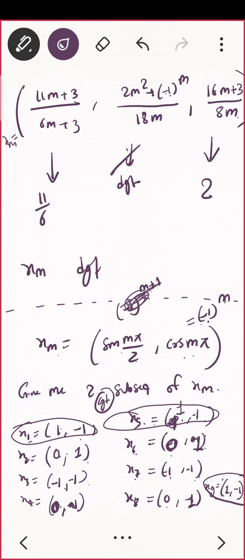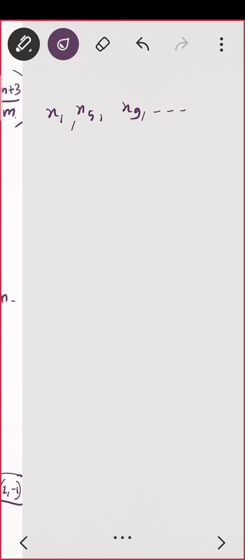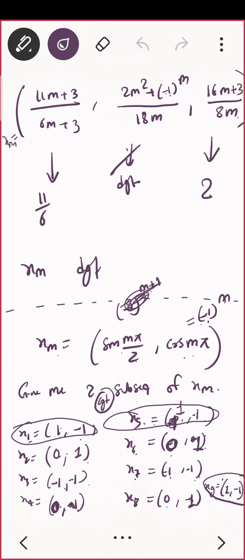Okay, so can you give me a subsequence? Your subsequence terms start from x1, x5, x9. Correct. So do you observe some pattern? Can you write in general x n from 1, 5, 9?